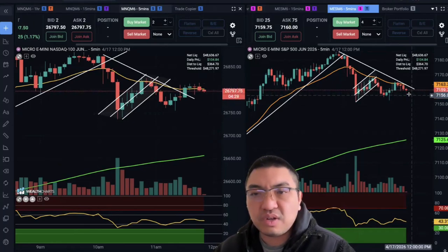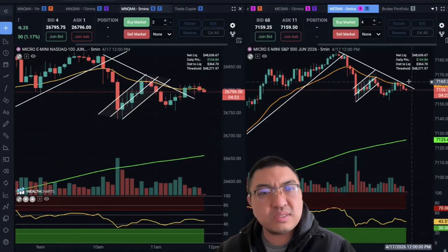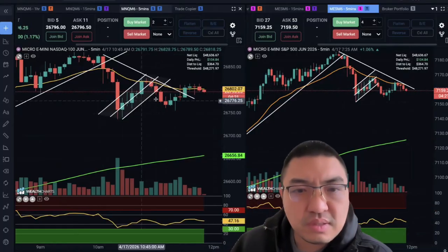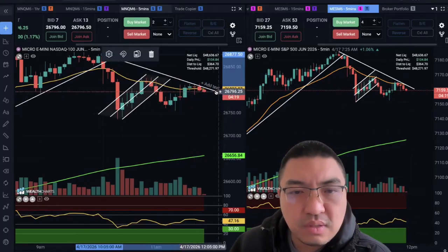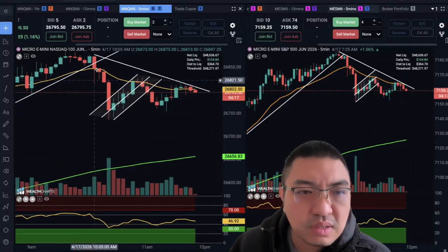So this time only look for long, as long as ES breaks this trend line.